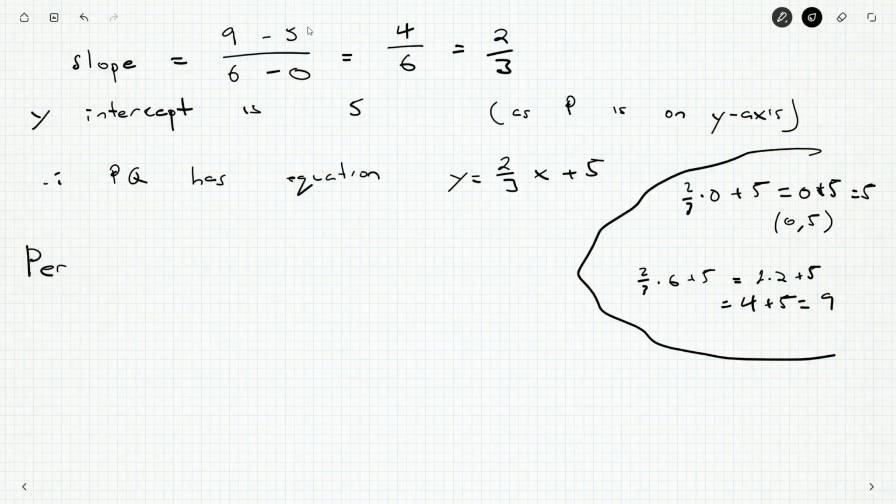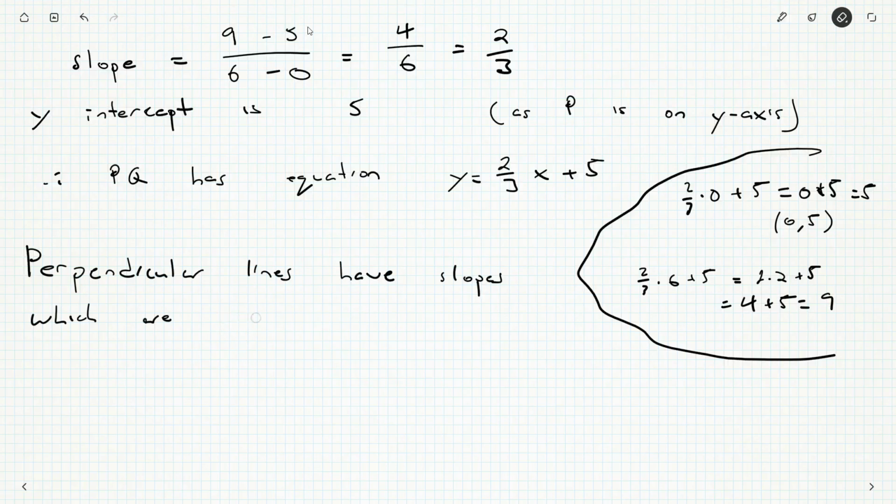So how would we answer B? Well, I would just state the fact that perpendicular lines have slopes which are negative reciprocals. Oops, negative doesn't have a Q in it.